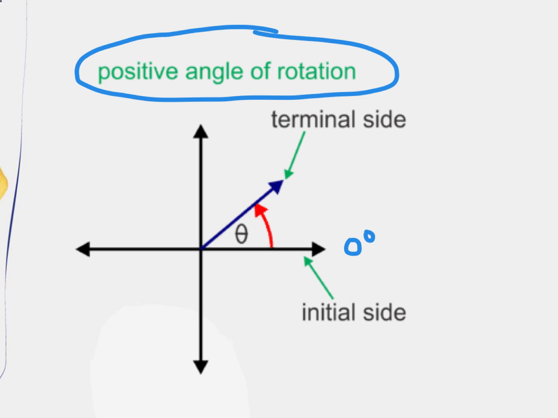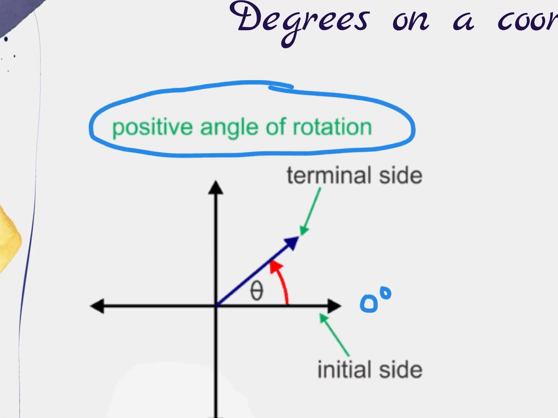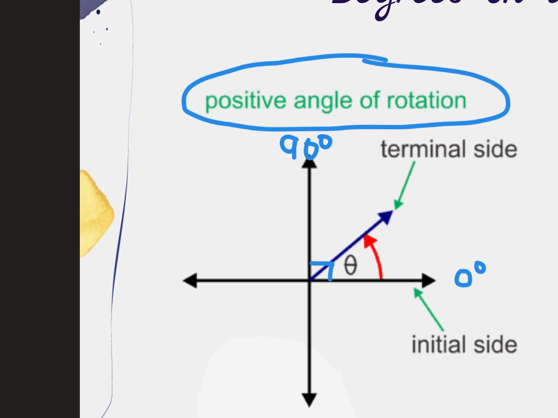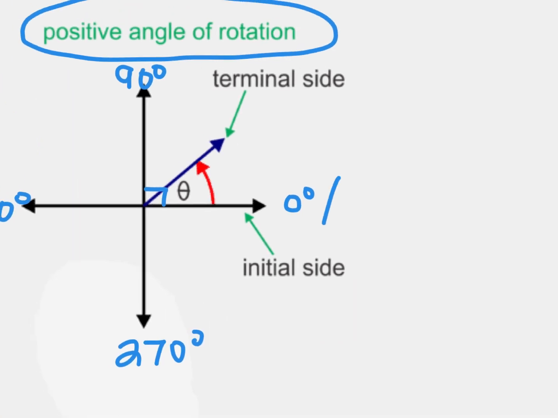Okay, so if I were to move up here, what's the value at the very top of our coordinate plane? 90. Good, very good. Right, we make a right angle right there. What's the value over here on the far left? 180. Then I go down here to 270. And then I come back over here to 360.